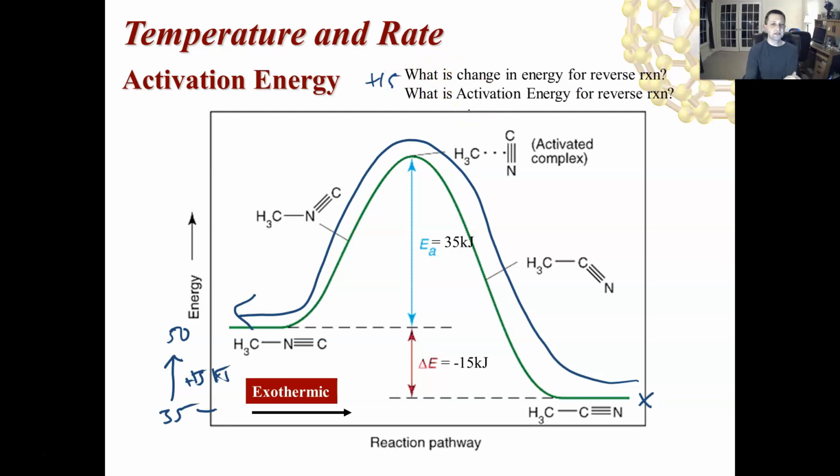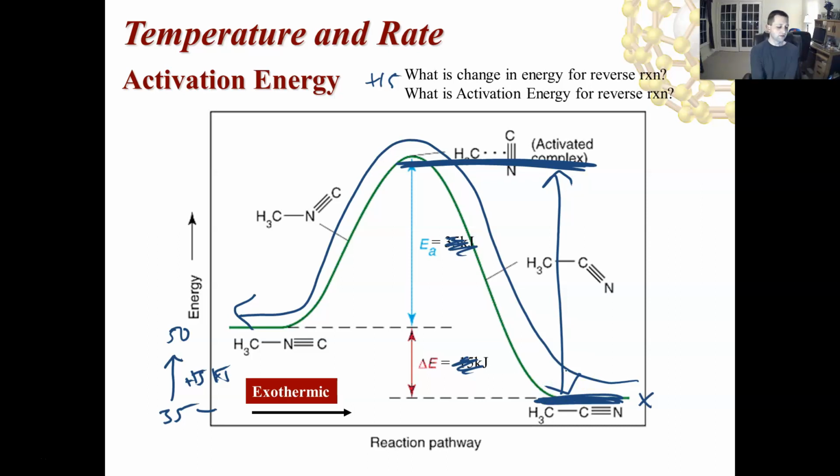Another question says, what's the activation energy for the reverse reaction? It's a good question. Ignore what you see on the screen here because this is for the forward reaction. Let's get rid of that so we're not confused. For the reverse reaction, we're starting here and we have to get to here. Look at that energy difference. Activation energy is from where you start to that peak.